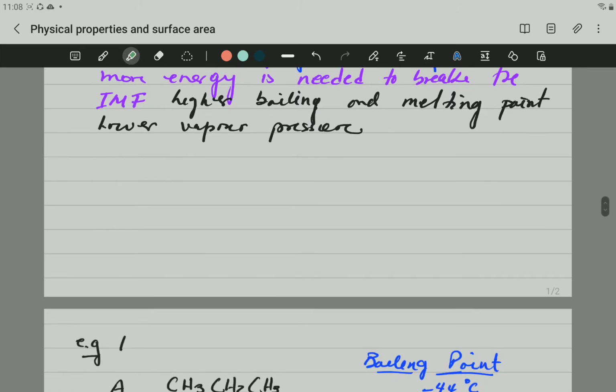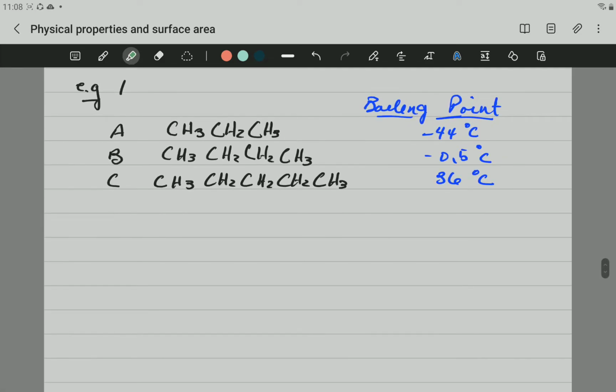Let's go to one example so you understand. Here, we have three compounds. First of all, those compounds belong to the same homology series. All of them are alkanes.